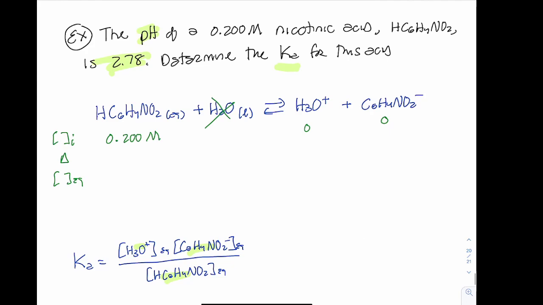We know that if I was to take 10 and raise it to the negative pH, that gives me my hydronium ion concentration. So 10 raised to the negative 2.78. Grabbing my calculator here. Don't forget that negative sign.